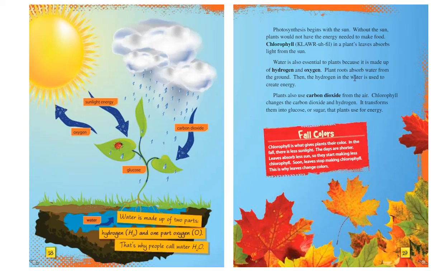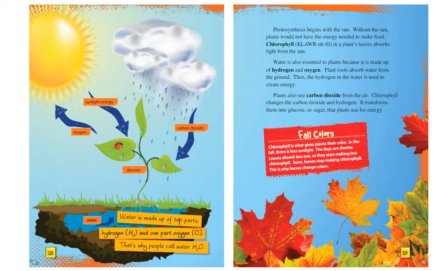Then the hydrogen in the water is used to create energy. Plants also use carbon dioxide from the air. Chlorophyll changes the carbon dioxide and water. It transforms them into glucose, or sugar, that plants use for energy. So basically plants are using carbon dioxide from the air, water that they absorb, and sunlight in order to create sugar for themselves, and it's the sugar that they use for energy.